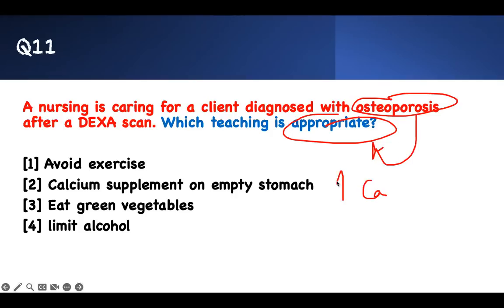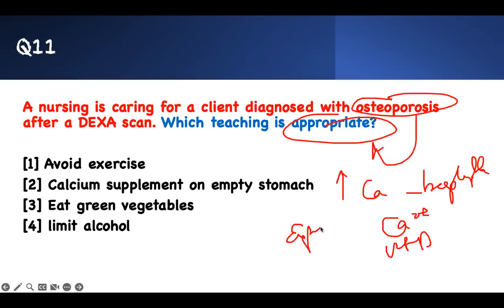Improve their calcium. You can give them bisphosphonate, alendronate, those to prevent bone breakdown. You can let them take some calcium, let them take vitamin D, expose themselves to the sun. That will give them some vitamin D, and indirectly will do that.